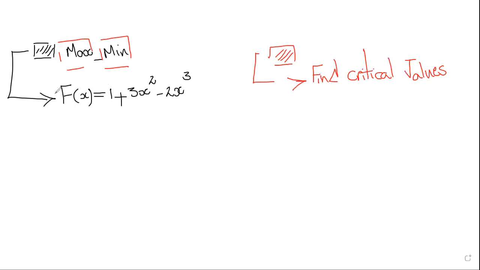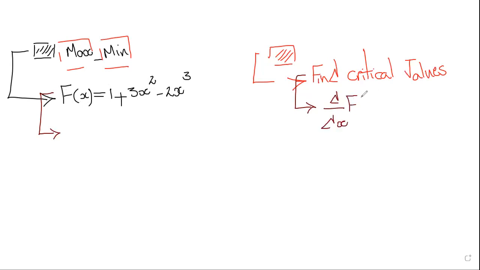If you look at this function, which I just put as an example here, and we're going to find its minimum or maximum, the first step is that I find its critical value. In order to find the critical value, you have to find the derivative of the function.